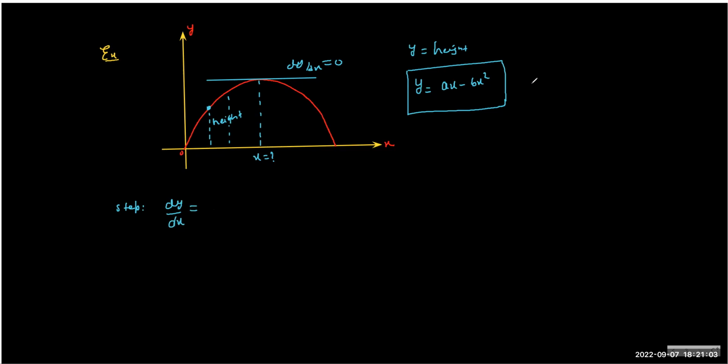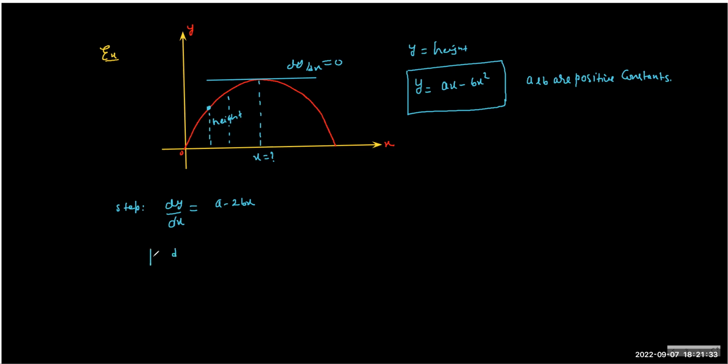A and b are constant. So what is dy by dx? A minus 2bx. And what do we do? We equate this function to 0.